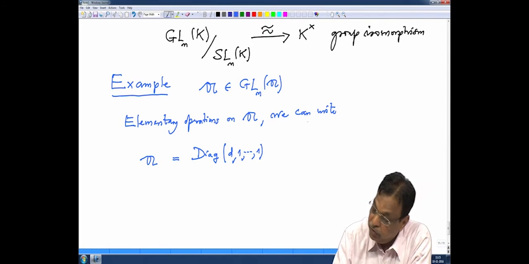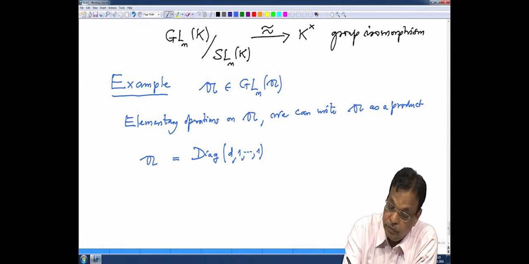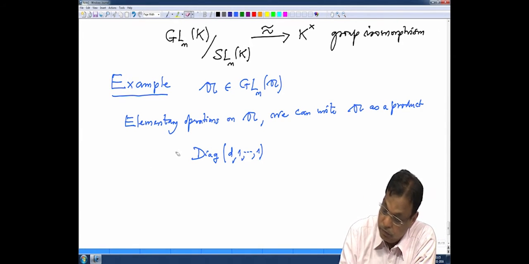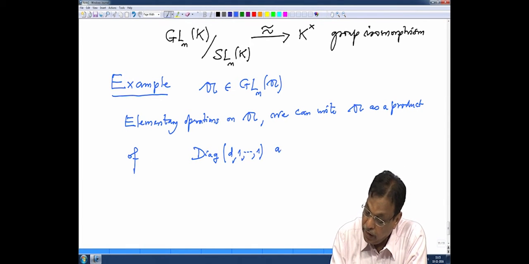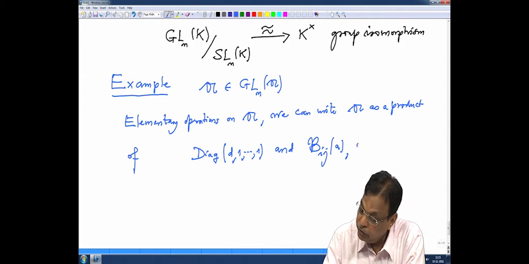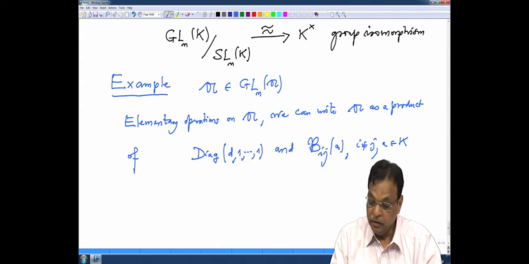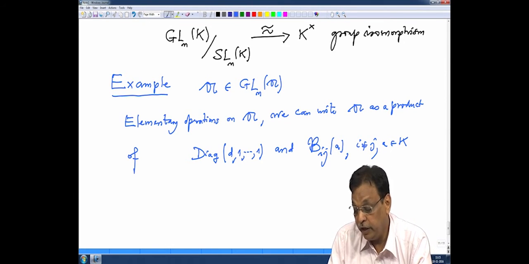So, let me write: we can write A as a product of the diagonal matrix and elementary matrices B_ij(a), where i is not j and a is in K. This we did very carefully in that elementary matrices product.